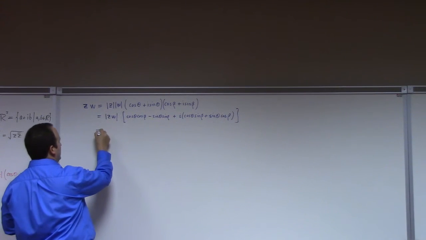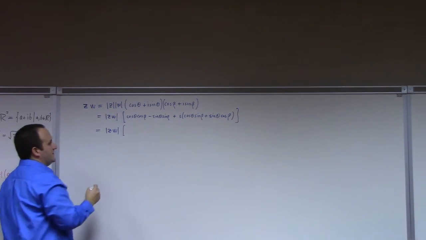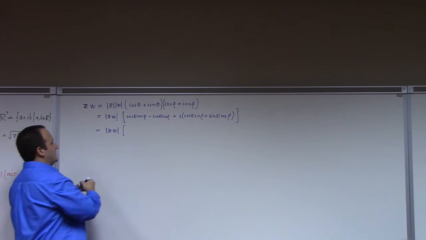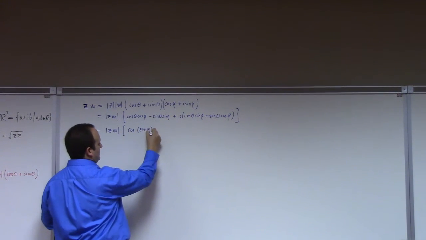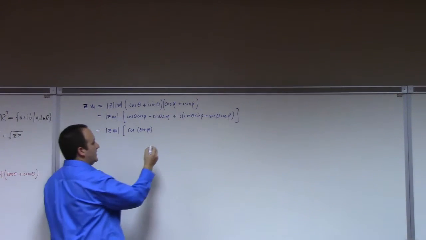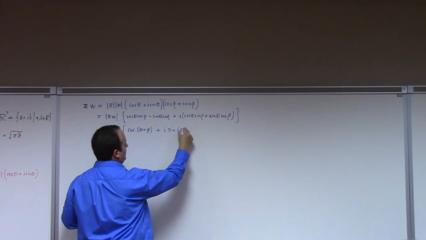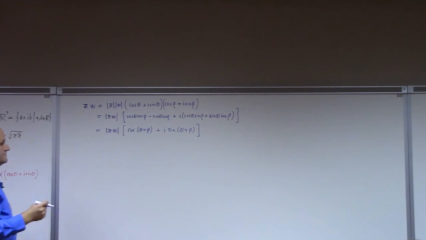And can you guys tell me anything about that? Yeah, those are the adding angle formulas. They give me a way to simplify that. In fact, that's just what? That's cosine of theta plus beta, and i sine of theta plus beta, right?